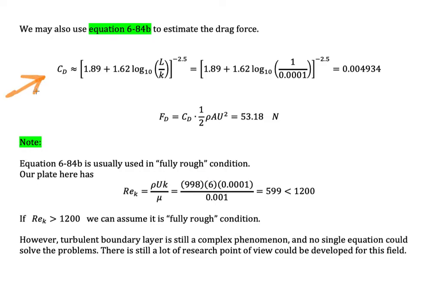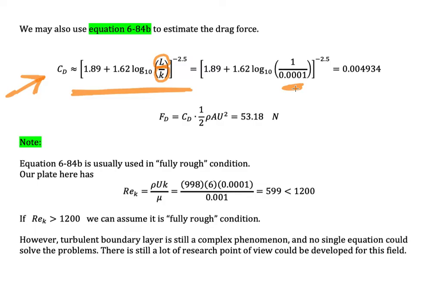We substitute all the data here. The L here is the length of the plate, and the K here is the surface roughness index, meaning the surface roughness value.